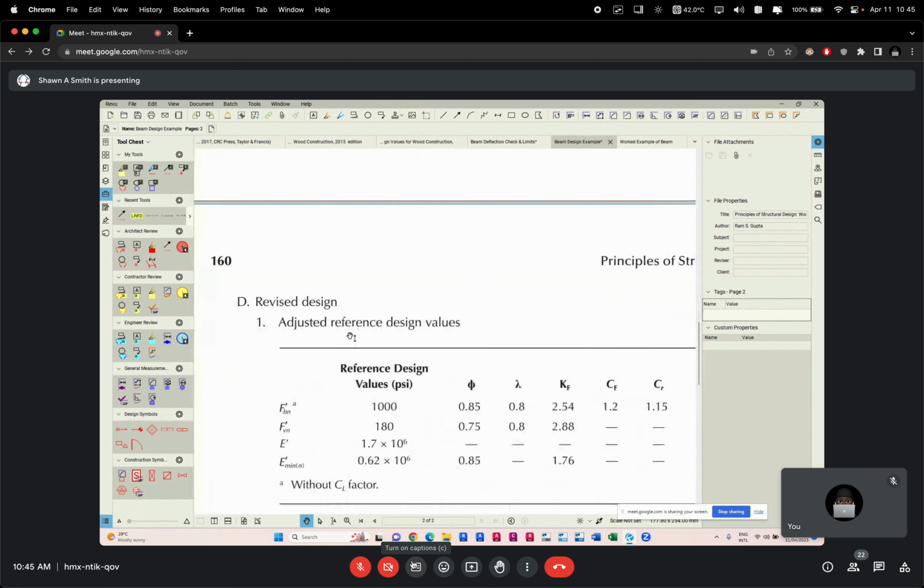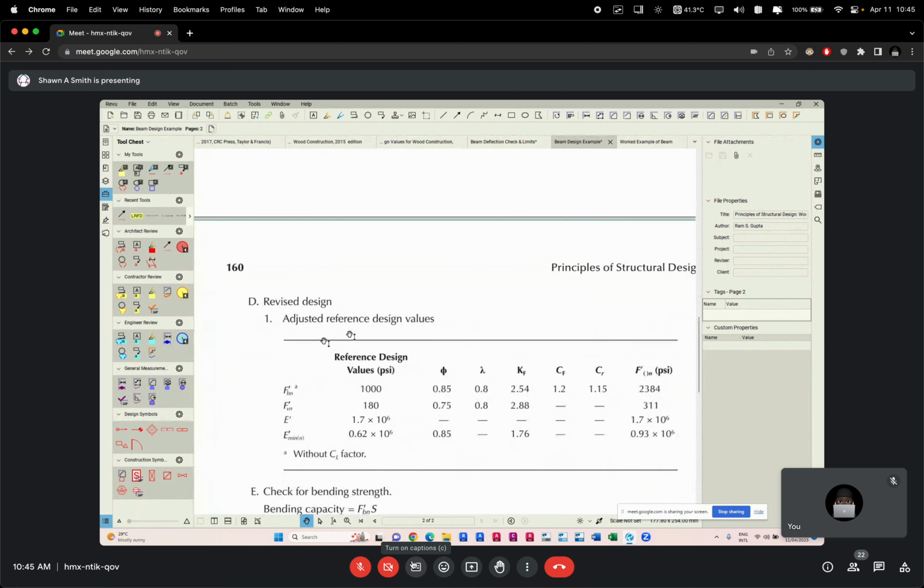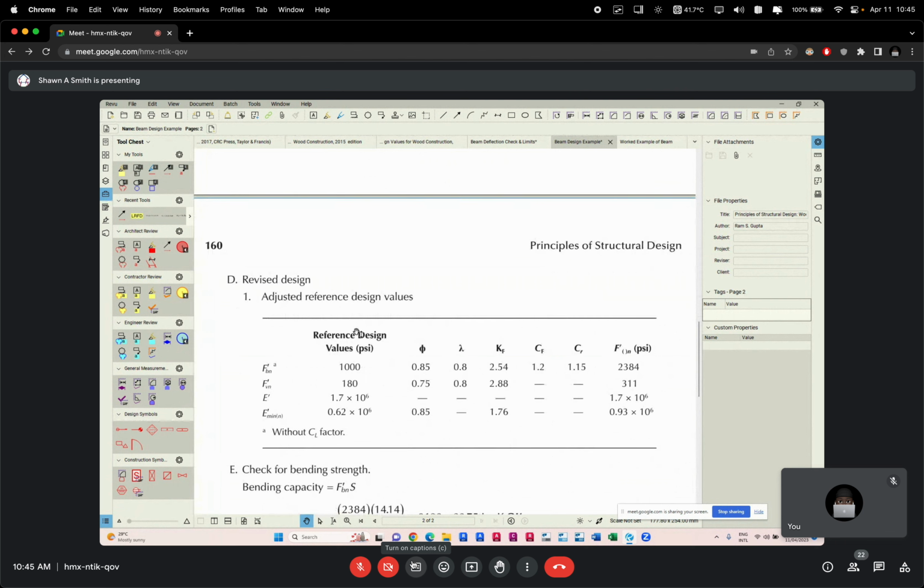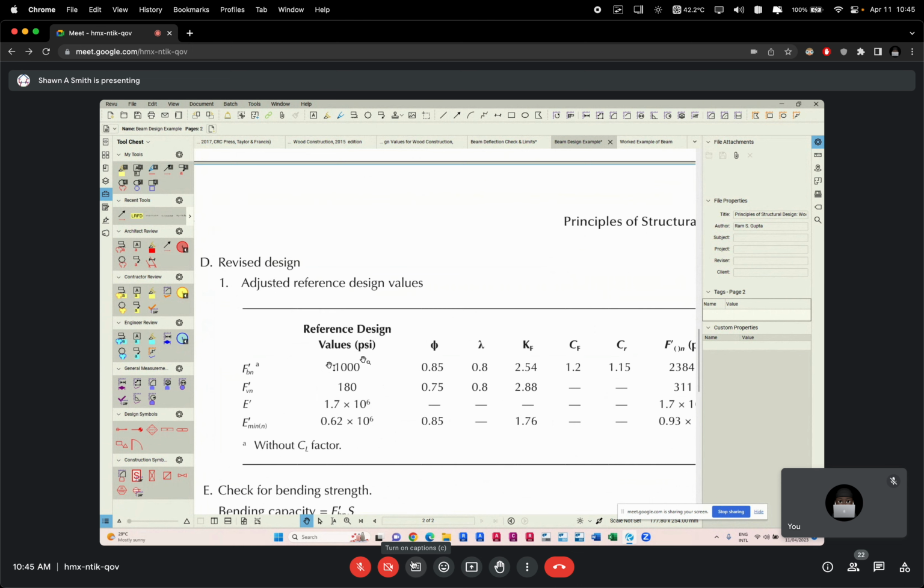So they're actually going now and doing a revision of all the reference values. These reference values from the table remain because they're only dependent on the species and the thickness. It's Douglas fir large number 1, 2 inches thick. The 8 inches doesn't come into play yet.